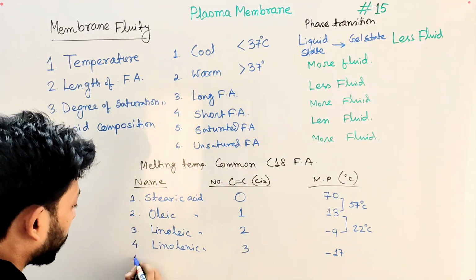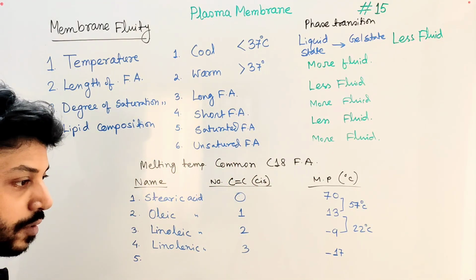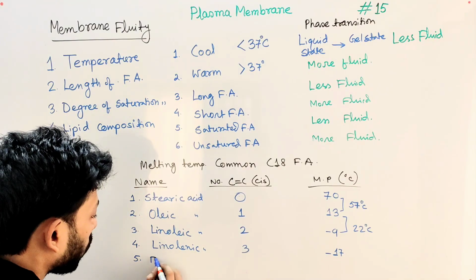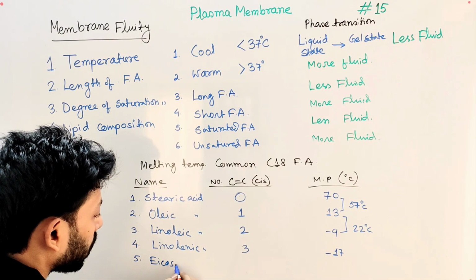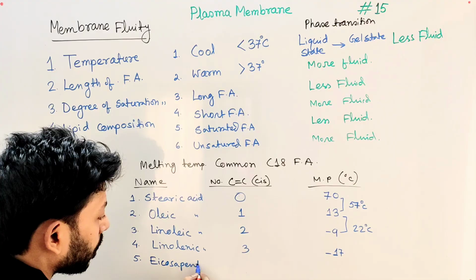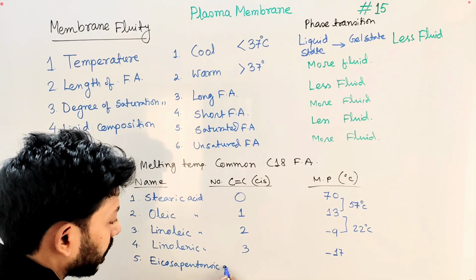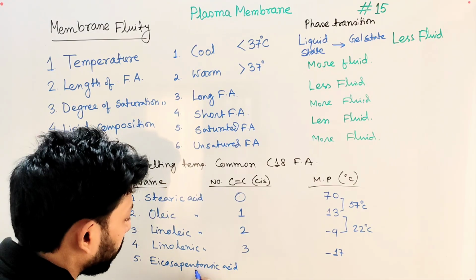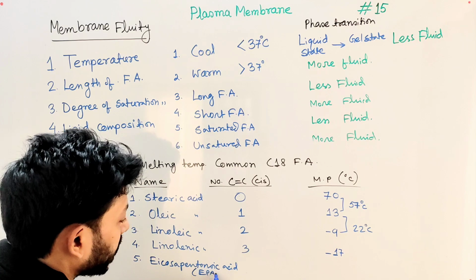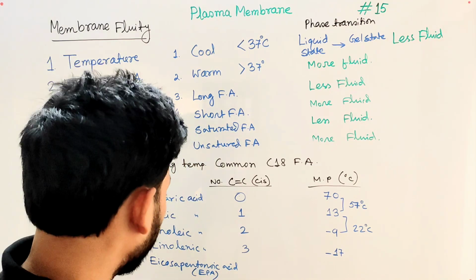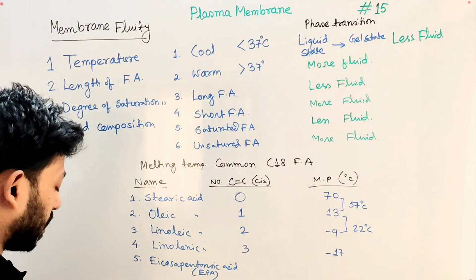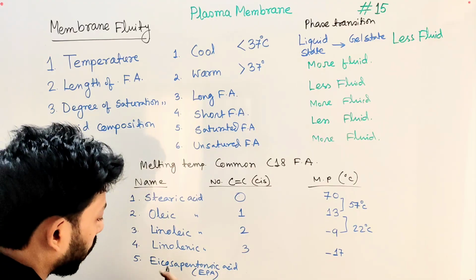I'm also giving one example of a fatty acid called eicosapentanoic acid. In short, we call it EPA. This is one example of omega-3 fatty acids, but obviously this fatty acid contains a carbon number of 20.